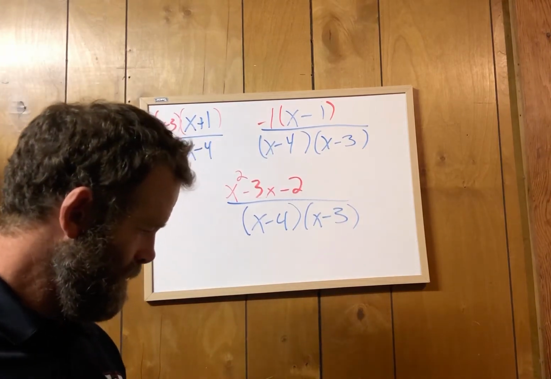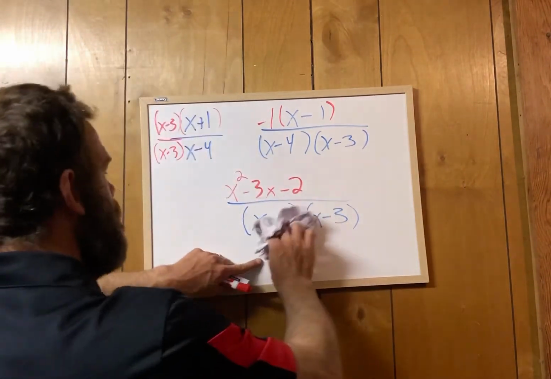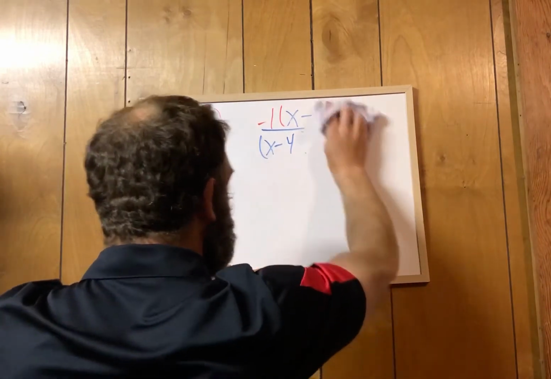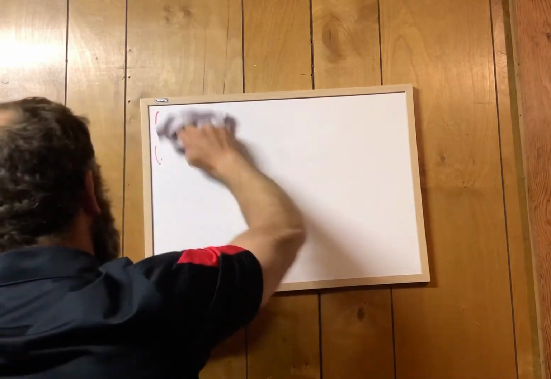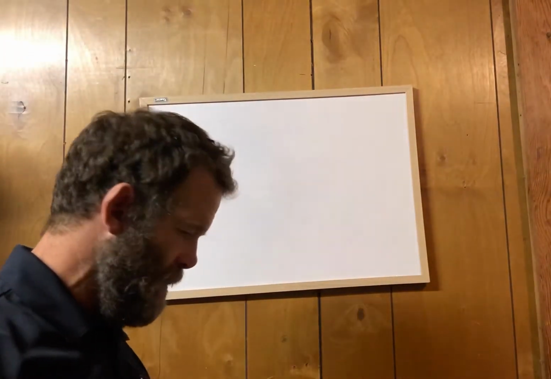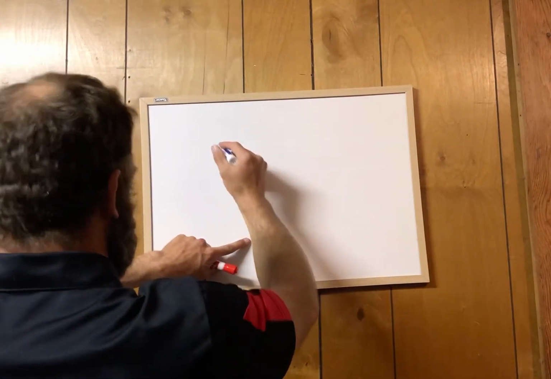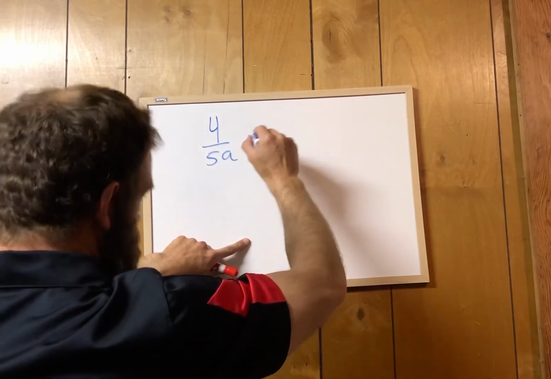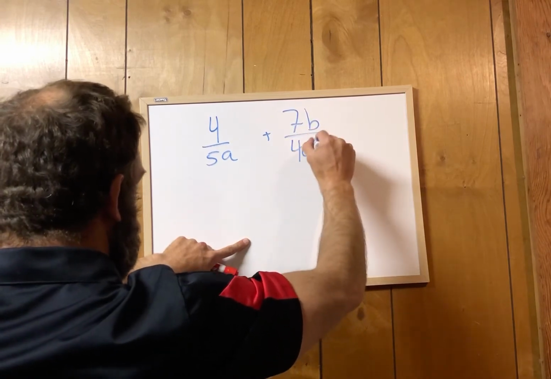Okay. The very last question that I give you guys is pretty simple, but I'm going to have you pause this video and see if you can figure it out by yourself. Go ahead and give it a shot. Okay, so if you paused this video, you should have seen that your common denominator, I'm going to go ahead and write this out, 4 over 5a plus 7b over 4a squared.